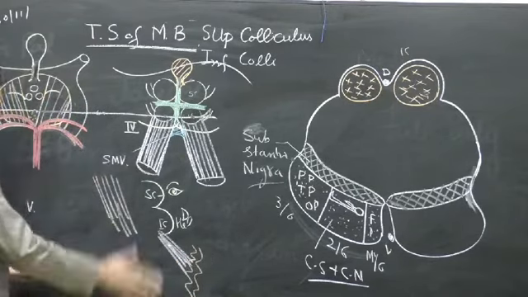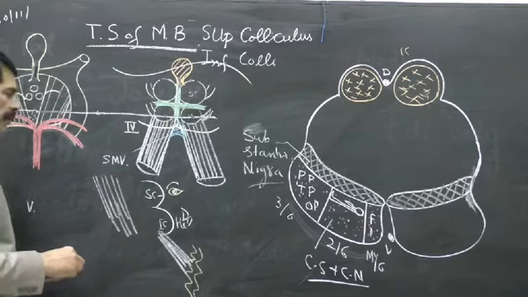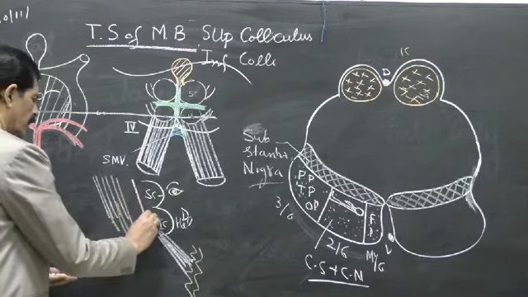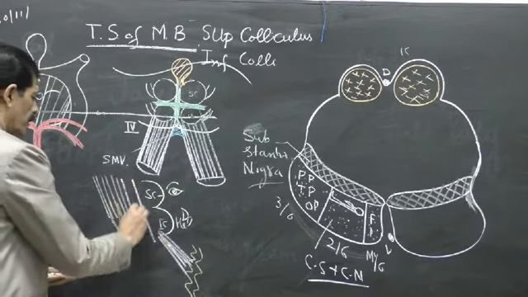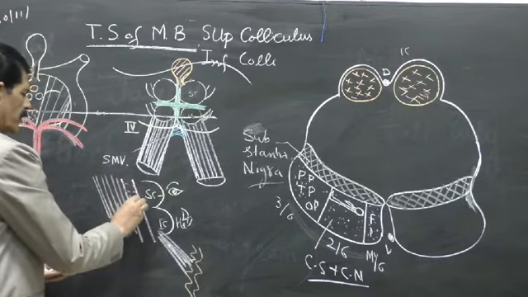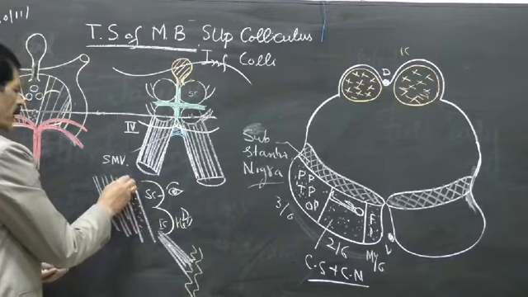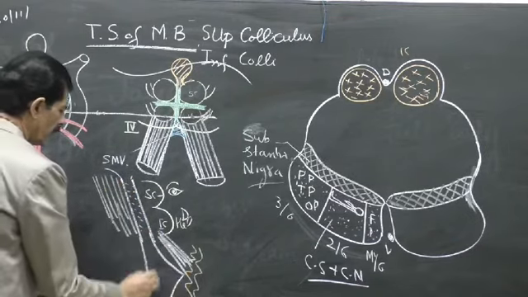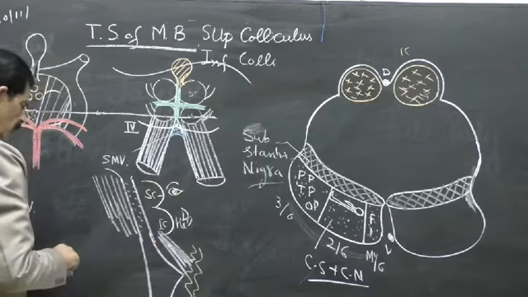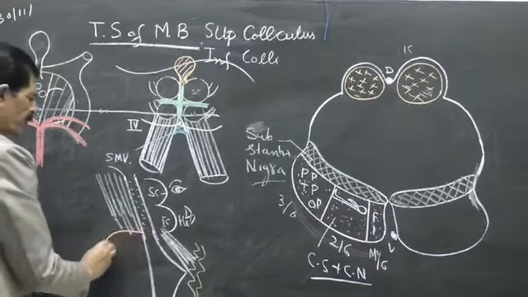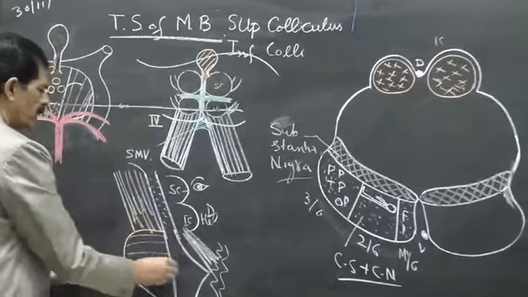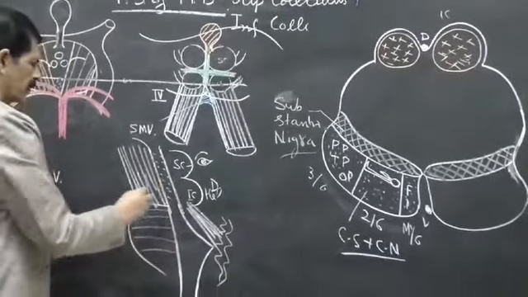So when we cut the sagittal section of the midbrain, we find inside a ventricle which is filled with the CSF, coming from the third ventricle above and going down to the fourth ventricle. This narrowest part of the ventricular system of the brain is called the cerebral aqueduct.